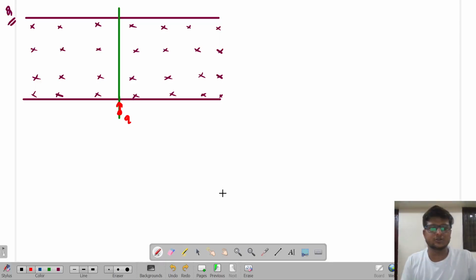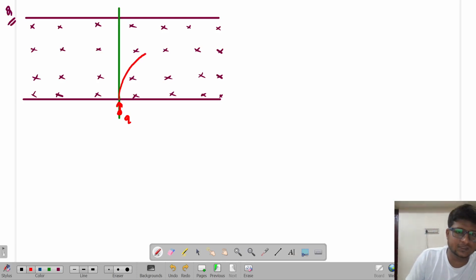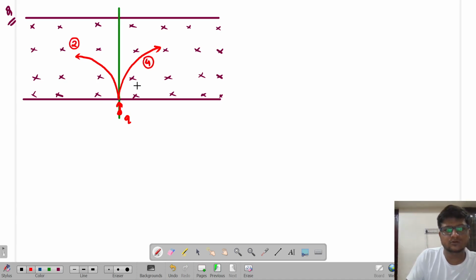So then the particles have four different trajectories. Let us call this the trajectory of the fourth particle. There is one more trajectory. Let us draw it with the red pen only. This is the trajectory of the second particle, and this is the trajectory of the first particle.